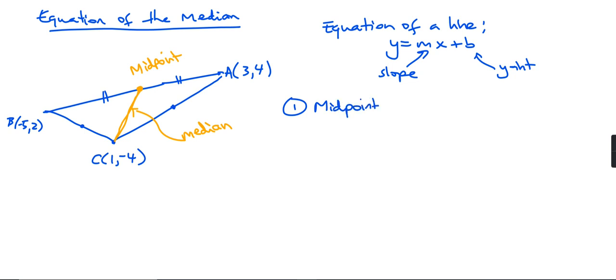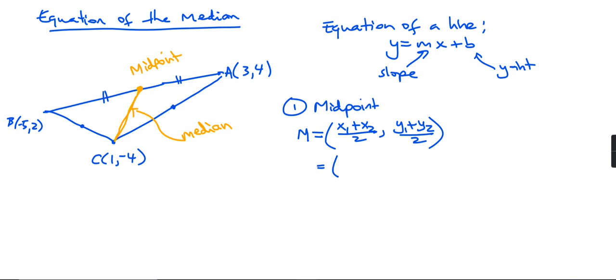The midpoint is found using the formula, which is taking the average of the x's of the two endpoints and the average of the y's of the two endpoints. Anytime you use a formula in analytic geometry, you must write the formula first before you put in the values.